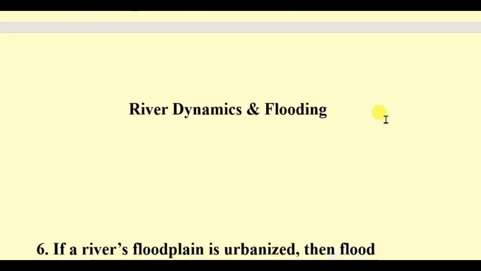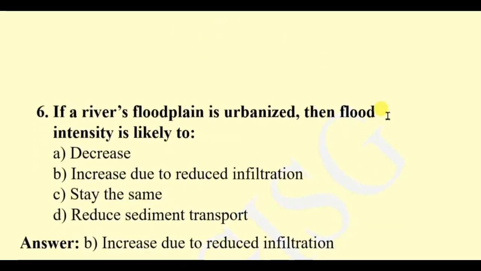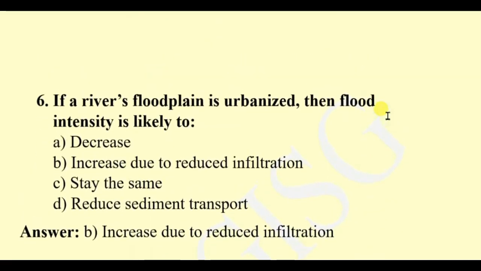Now the category river dynamics and flooding. If a river's floodplain is urbanized, then flood intensity is likely to increase due to reduced infiltration, stay the same, or decrease due to reduced sediment supply. Hence the right answer will be increase due to reduced infiltration. In an urbanized area, there is concretization of the surface.